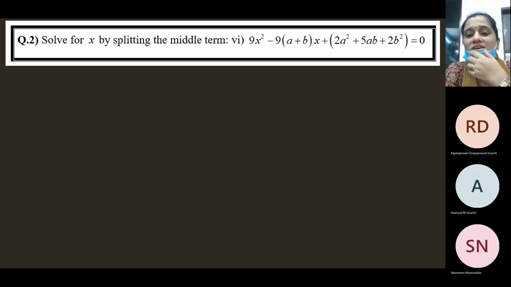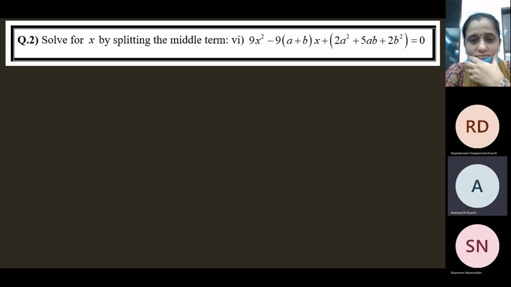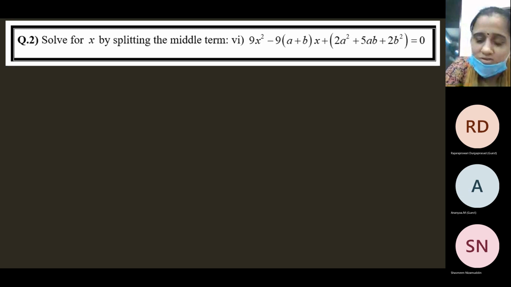What is the value? What is the expression for D, children? A square plus B square minus 2AB. A square minus B square minus 2AB. Huh? Can you hear me? Yes, I can hear you. Yes, Ananya, you're audible.